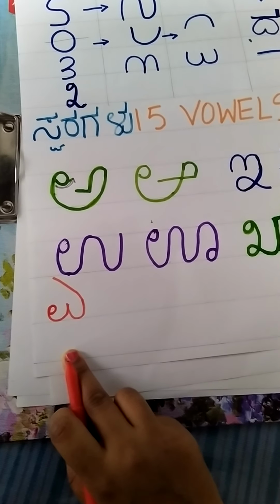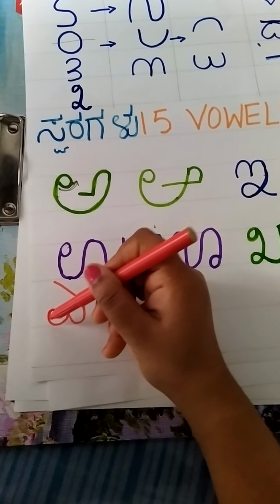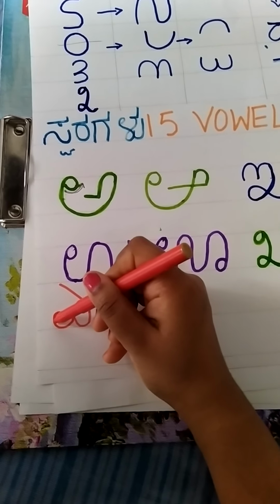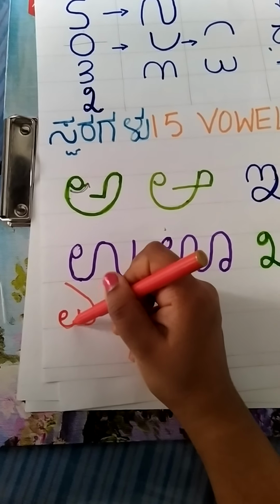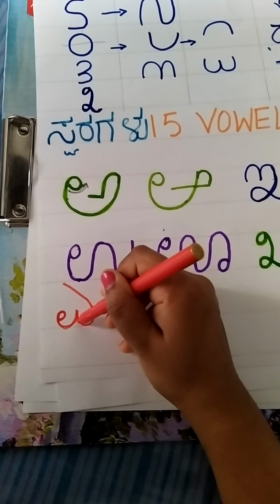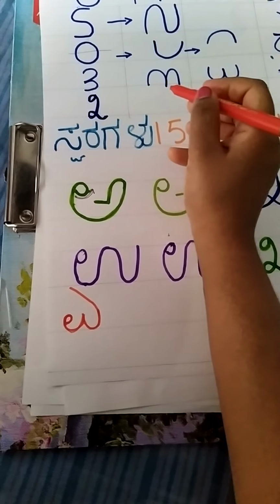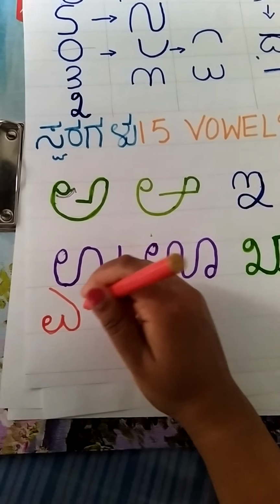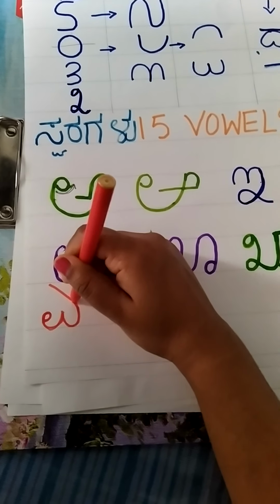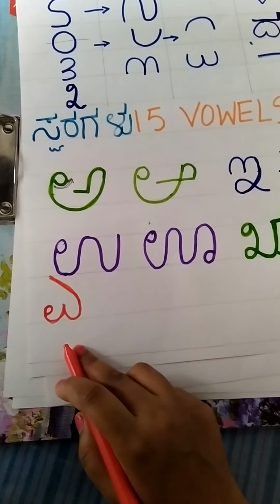E. Got it? Same way, take a curve, 3. I showed you this shape here. So go up in a slanting way. This is E.